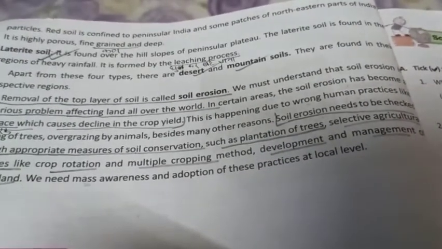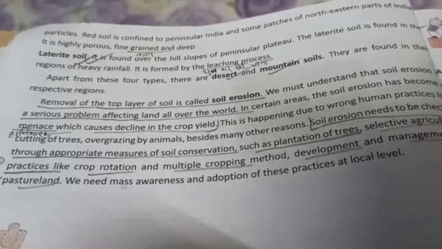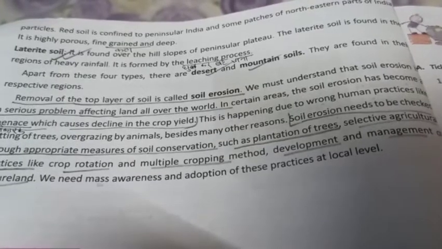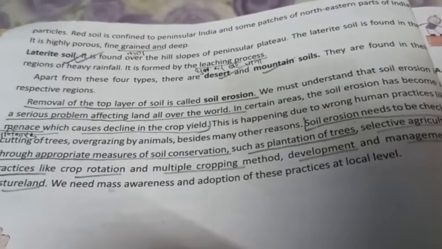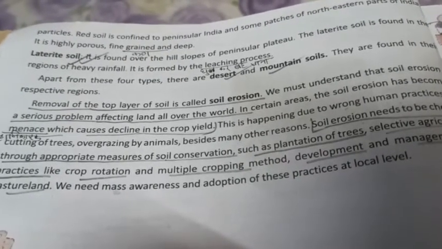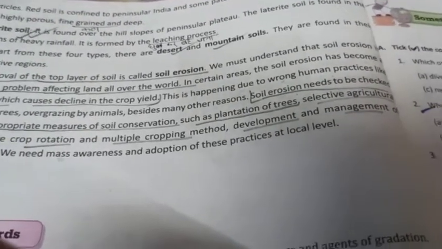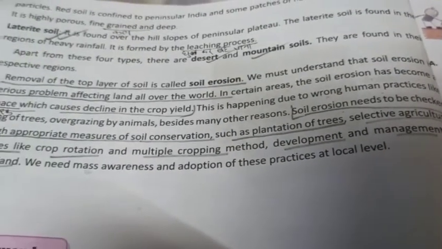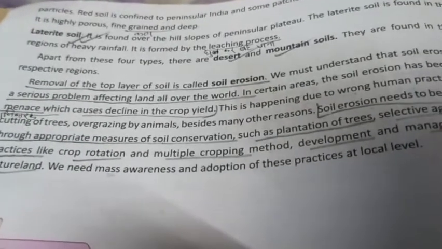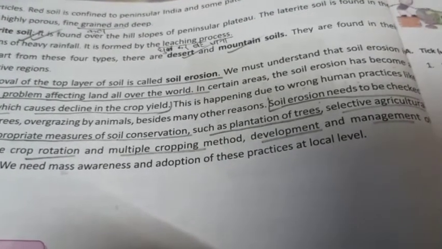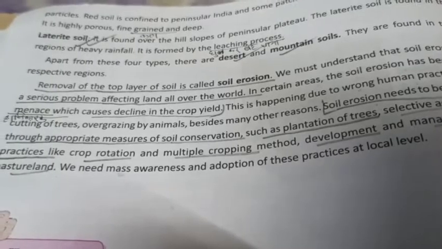So soil erosion needs to be checked through appropriate measures of soil conservation. Soil conservation means protecting the soil from being eroded. To conserve the soil, the suggestions are to plant trees and to apply selective agricultural methods like crop rotation and multiple cropping, etc. Then development and management of pasture land also.